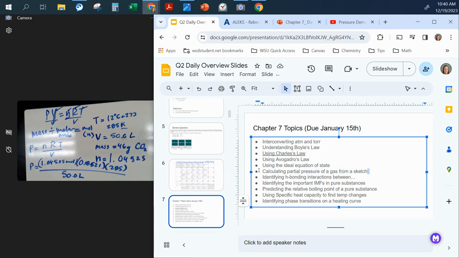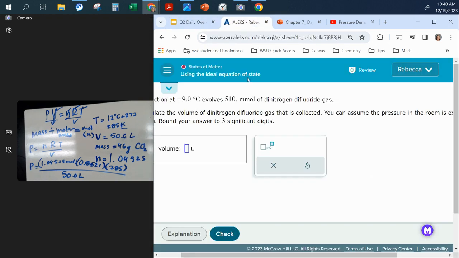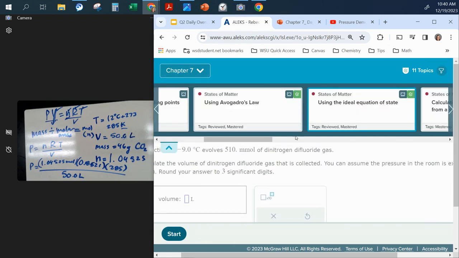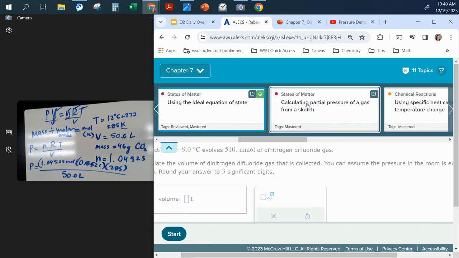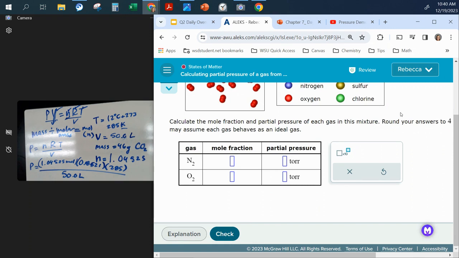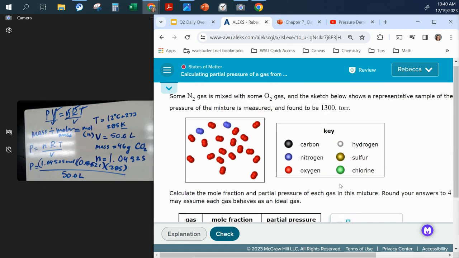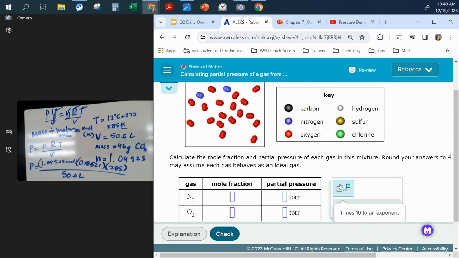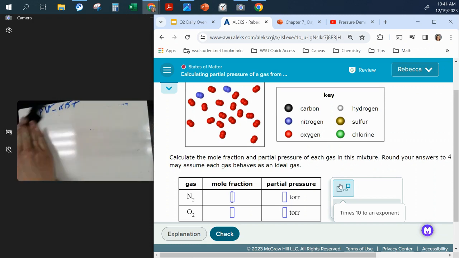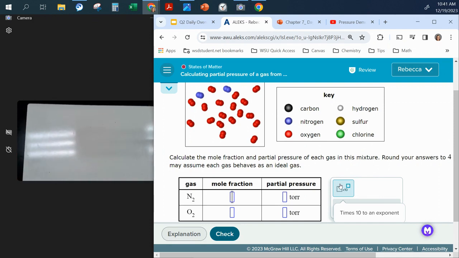Okay. So let's do this partial pressure one. Some of these are not so bad, but let's do this one. Calculating pressure. Okay, this one's not too bad. For this, it's a lot of just counting.